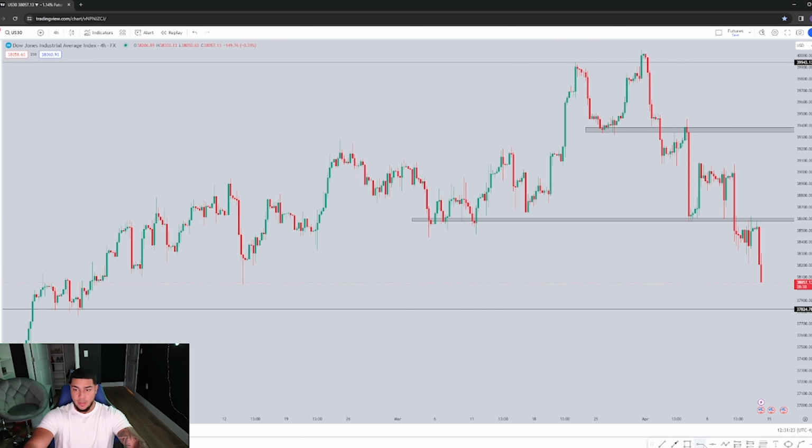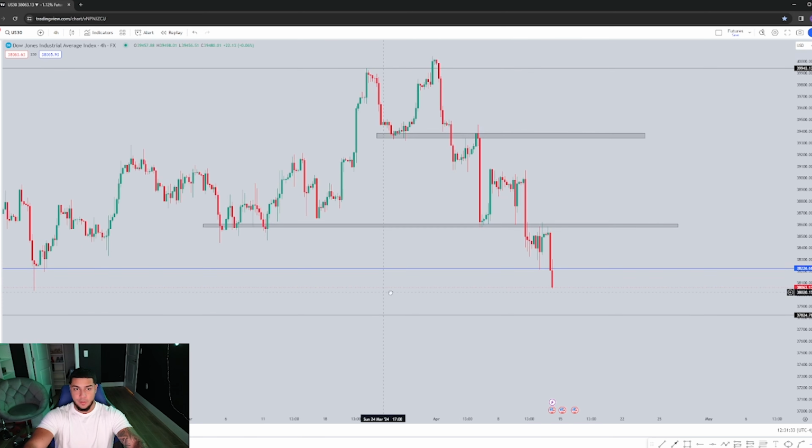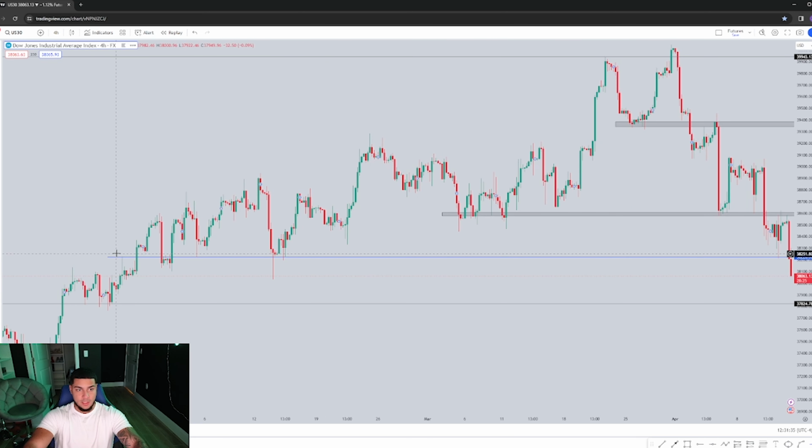And then we have this zone over here as well. Let me follow this line. Okay, perfect. So this line as well, as you guys see, resistance over here, little minor resistance throughout here. Then once we broke above a support, major rejection on this 4-hour support as well.